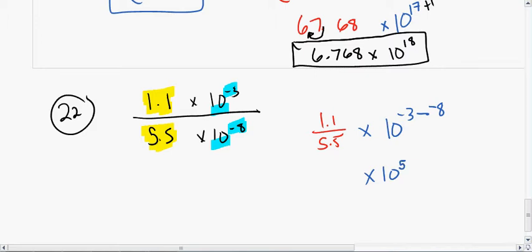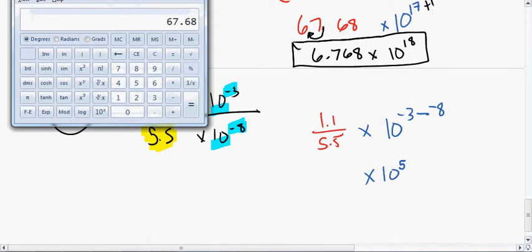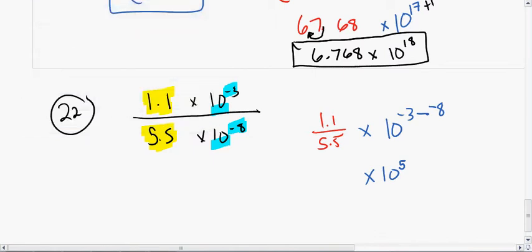And I'm going to put the 1.1 divided by 5.5 in the calculator. 1.1 divided by 5.5 gives me 0.2. And once again, 0.2 is not in proper scientific notation form. I'm going to move the decimal 1 place over to the right, which means I'm going to lower my power by 1. Here's my answer in proper scientific notation form, 2 times 10 to the 4th.